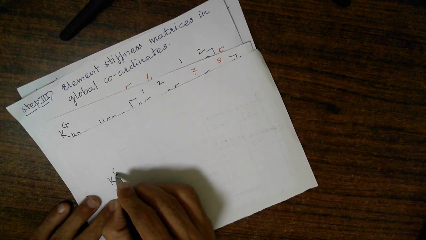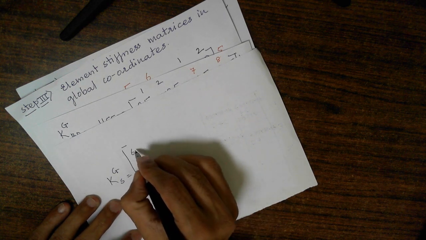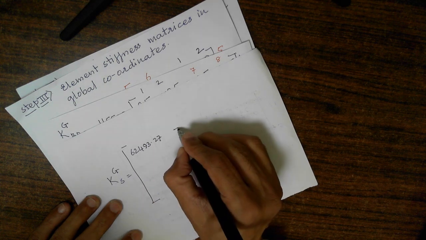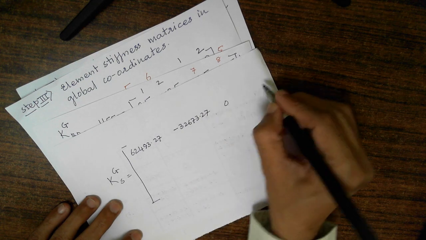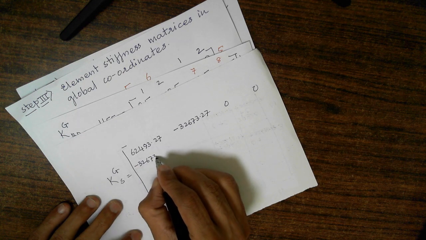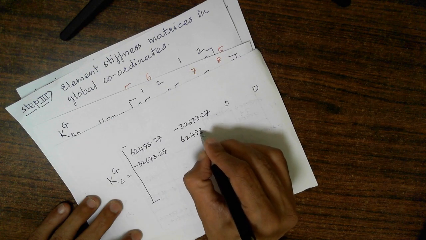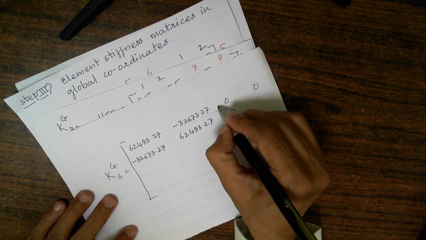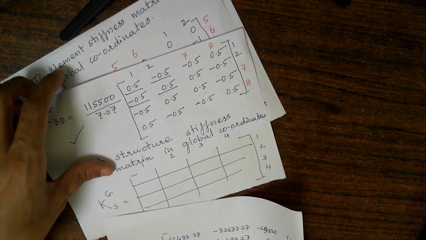So my K global structure stiffness matrix in global terms comes out to be 62493.27, minus 32673.27, 0, 0, then minus 32673.27, 62493.27, 0. This is minus 29820. Yes, this was minus 29820.